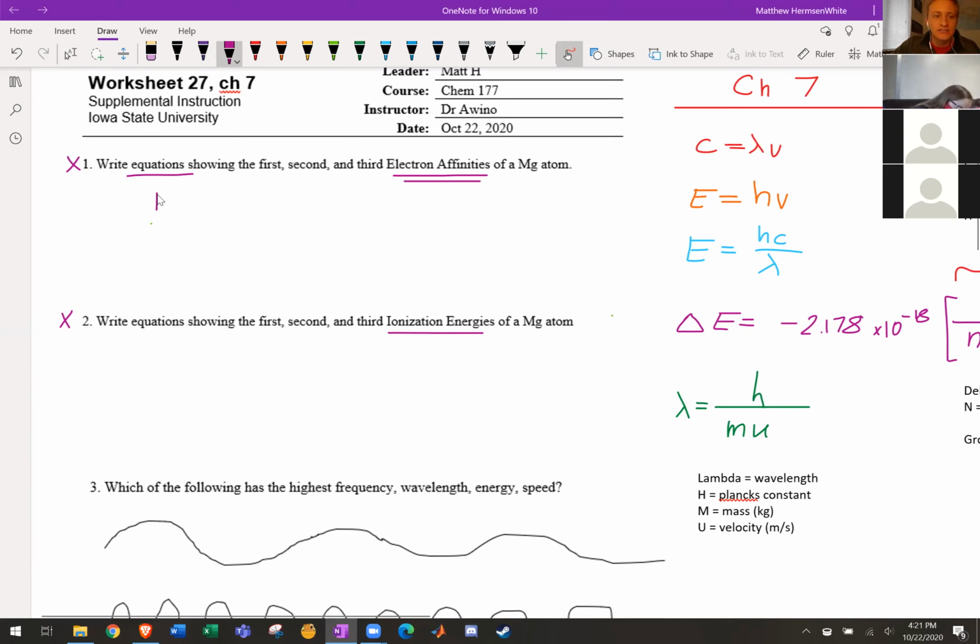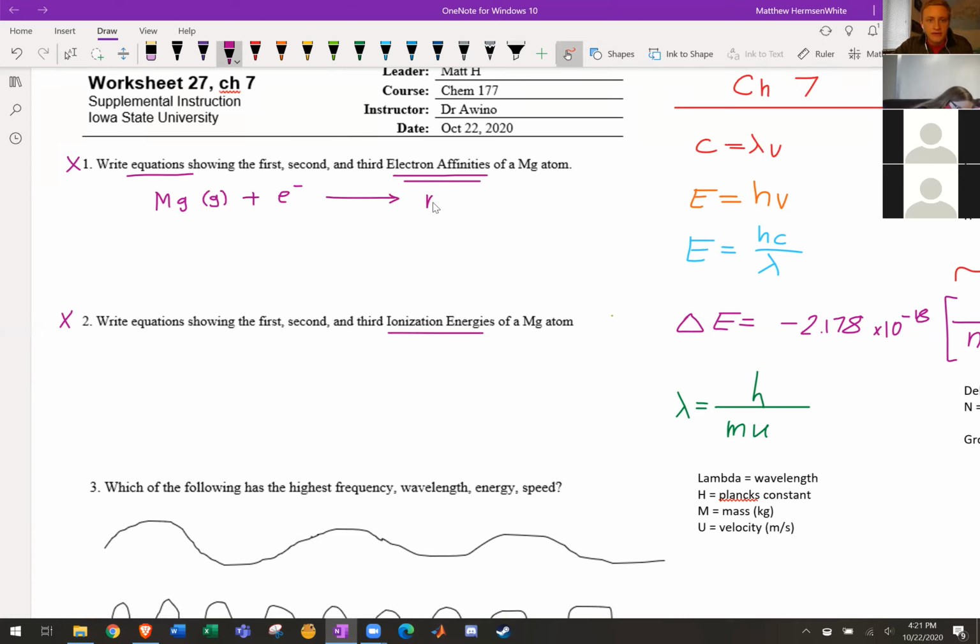Obviously, I don't have to take the exam, so I don't have to have this memorized. So yeah, electron affinity, we're adding an electron. If you were going to write an equation for the electron affinity, you take whatever your metal or atom is, and it has to be in a gaseous state, and we are going to add an electron. What is this going to become?